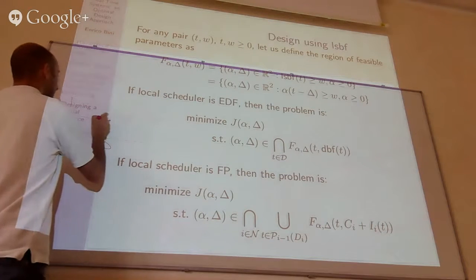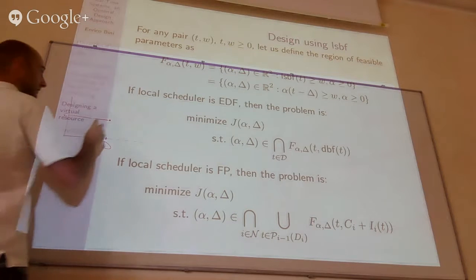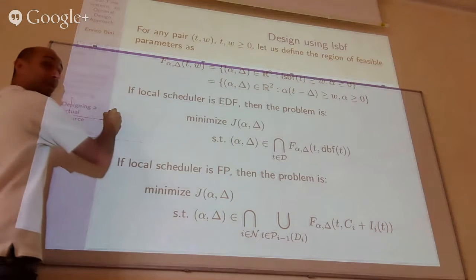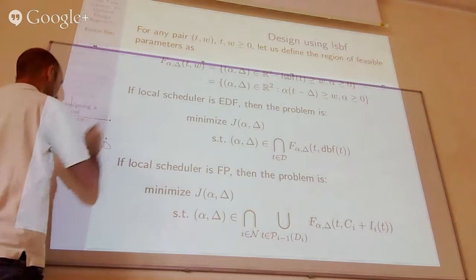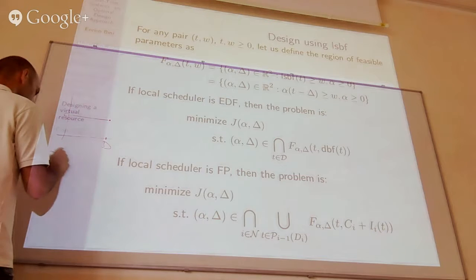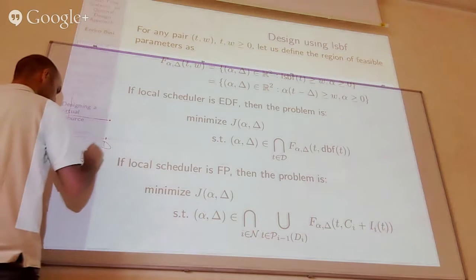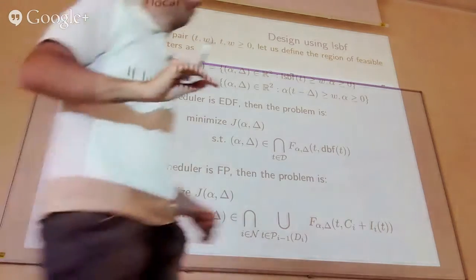What are all the supply functions that guarantee that? Well, all the supply functions that at D are equal to C or above. So the only constraint is just C less or equal than SBF at D. And that's it for one task.